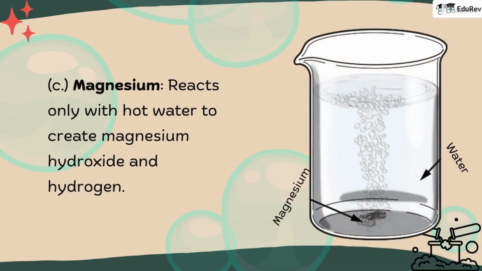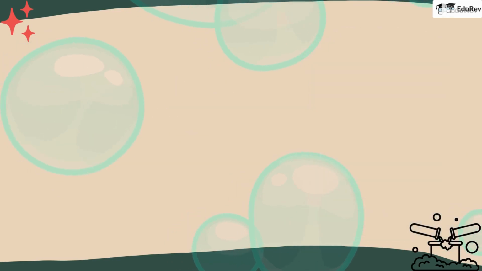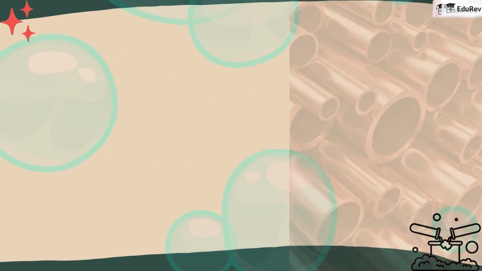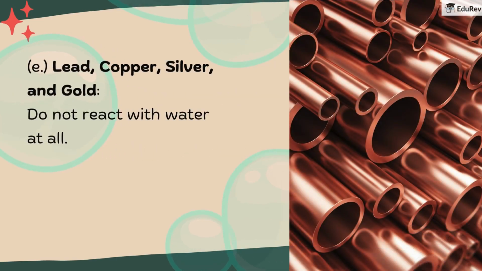Magnesium reacts only with hot water to create magnesium hydroxide and hydrogen. Aluminum, iron, and zinc require steam to react, forming metal oxides and hydrogen. Lead, copper, silver, and gold do not react with water at all.